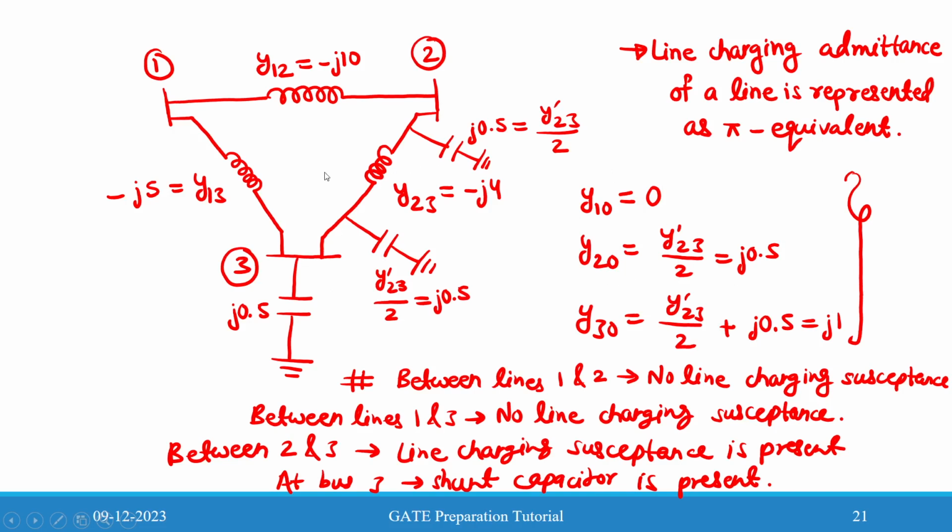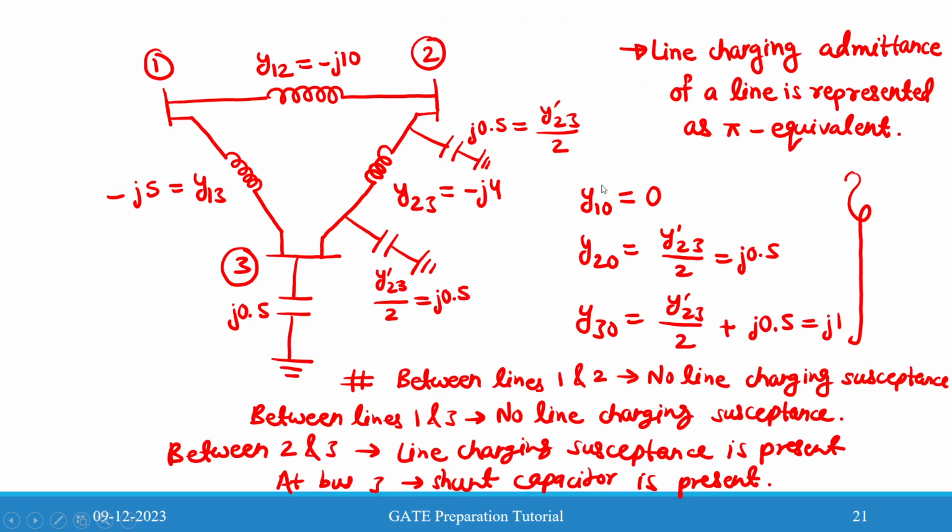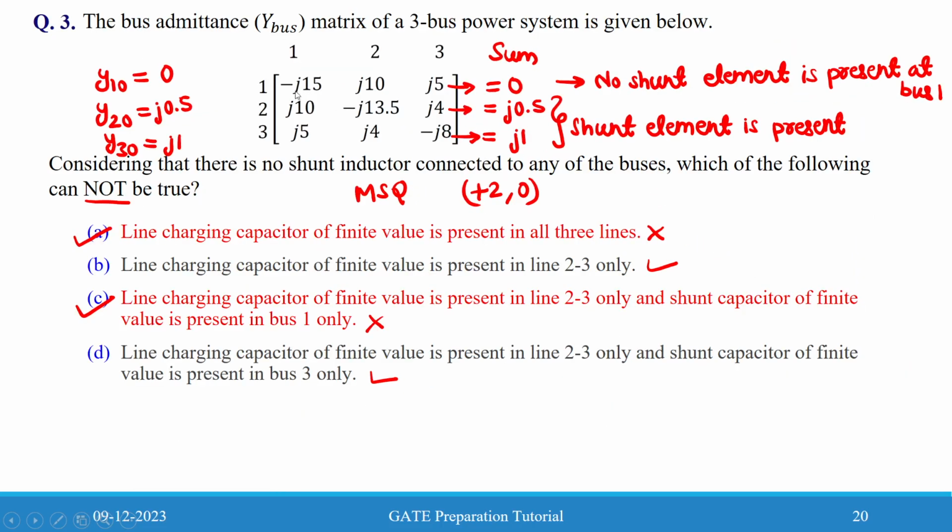Therefore, since there is no shunt element present at bus 1, because we have done the summation and it comes to 0, y10 is equal to 0, and for y20, y23 divided by 2 will come, so it will be equal to j0.5 after doing the summation of minus j10, minus j4 and j0.5, that will come as the diagonal element.